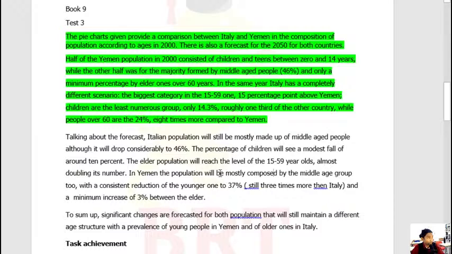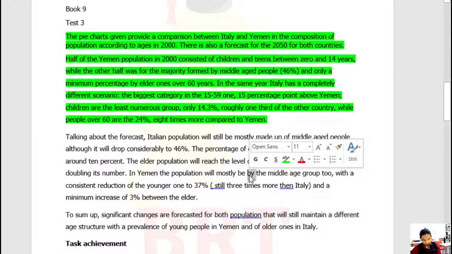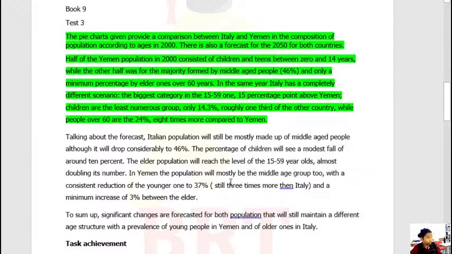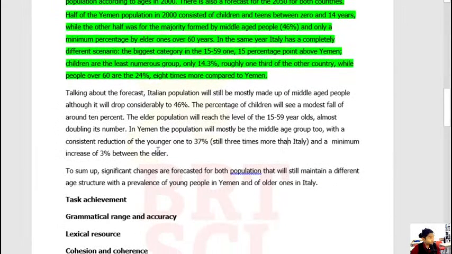The population will mostly be the middle-aged group too, with a consistent reduction, I like that, of the younger one to 37%. Still 3 times more than Italy, and a minimum increase of 3% between the... not sure what she means here.